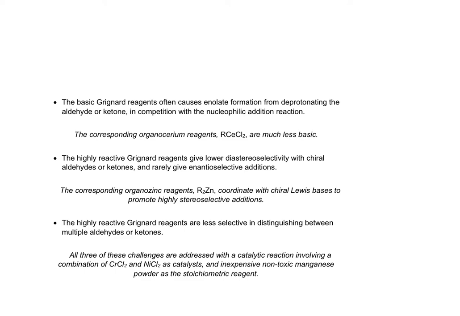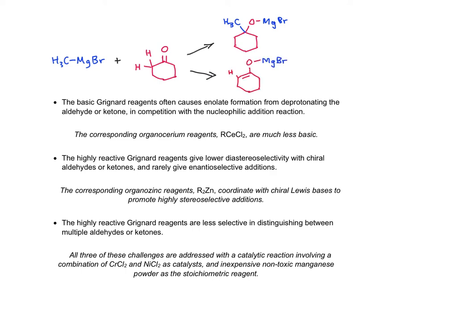The biggest problem with the Grignard reagents, and organolithium reagents as well, in addition to undergoing nucleophilic addition to the carbonyl, is that these reagents are also Bronsted bases and will deprotonate the carbon adjacent to the carbonyl as a competing reaction. In many cases, the energy barriers for both of these processes are similar.